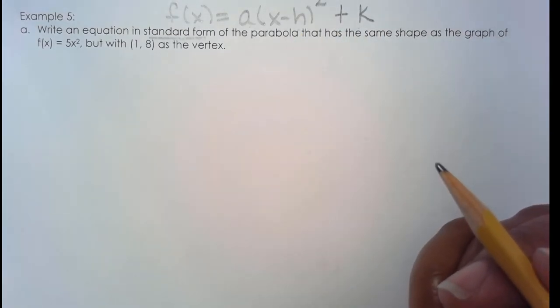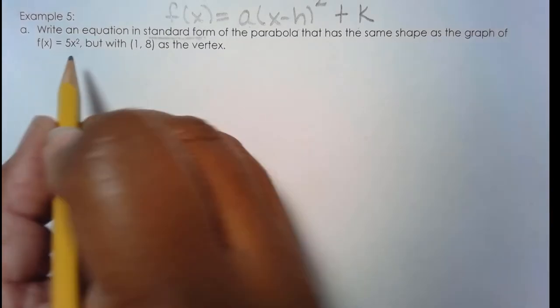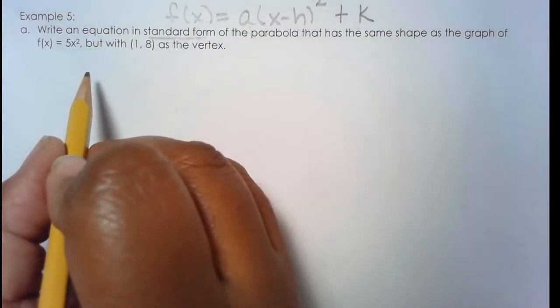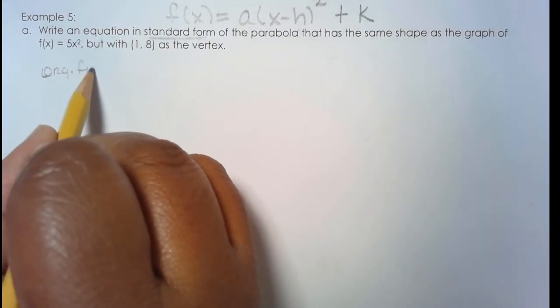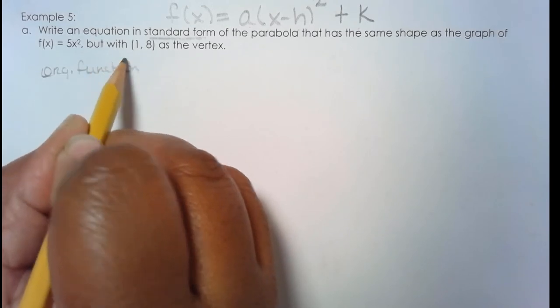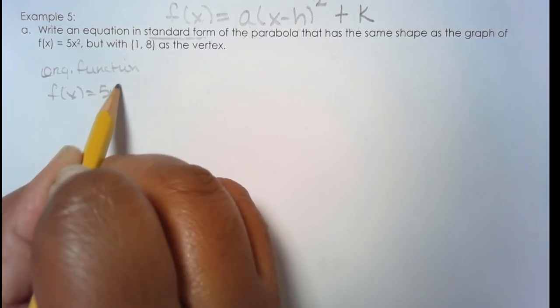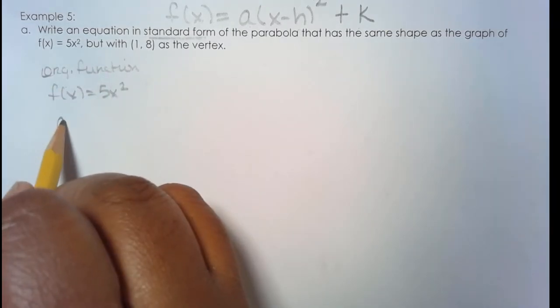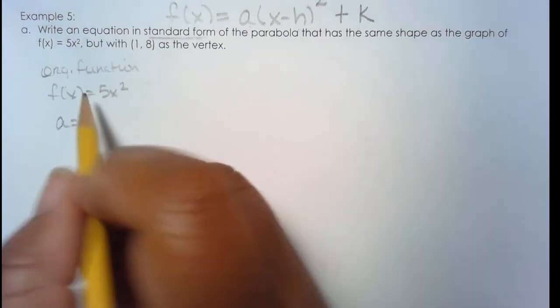All right. So look at the original graph, the original function, where it says f of x is equal to 5x squared, where our a here is, oh, it's not 1, but 5.